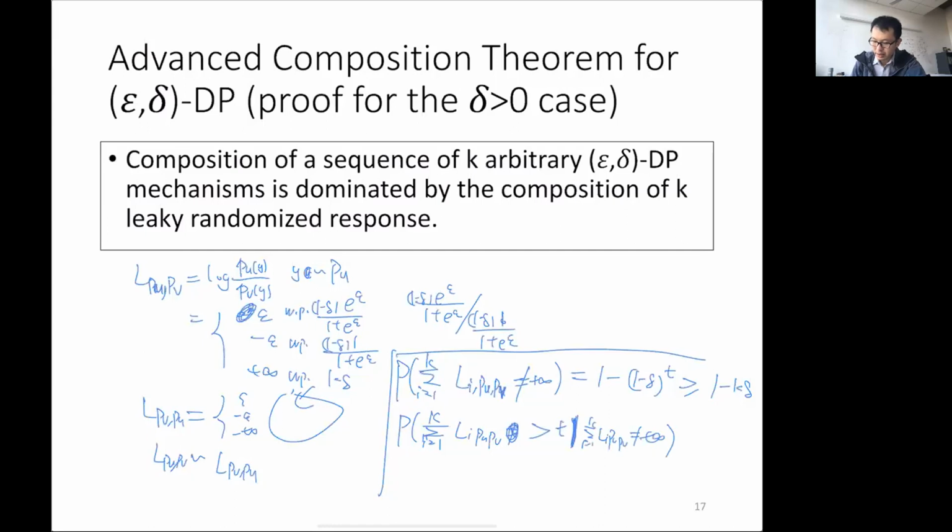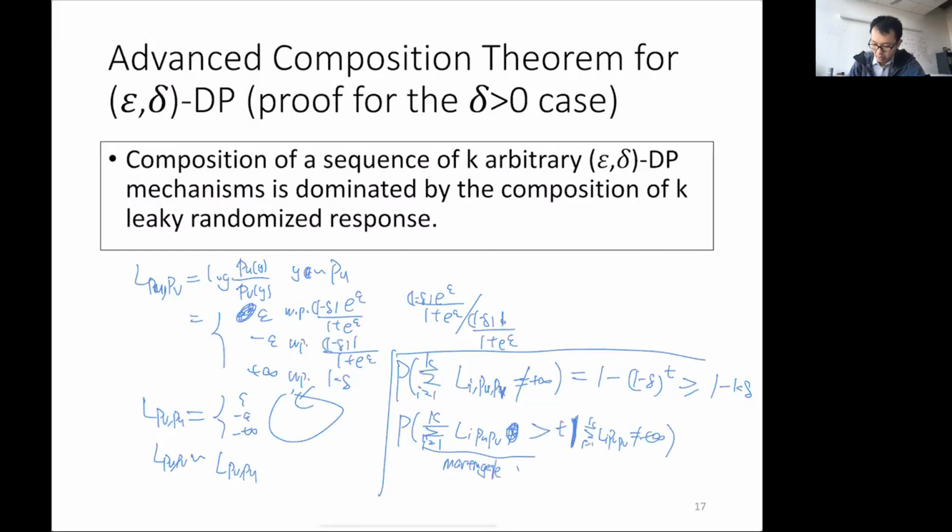So conditioning on this, these random variables simply become the pure DP random variables, and they're also independent, and they add up nicely. So this remains a martingale.